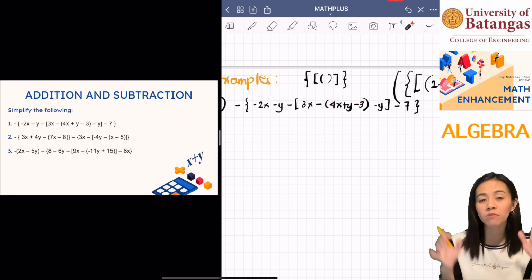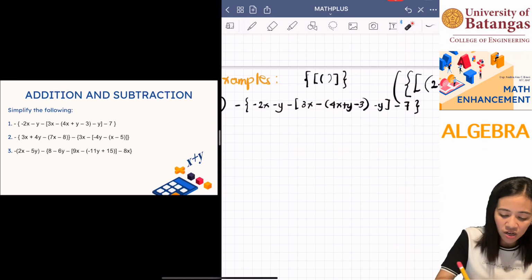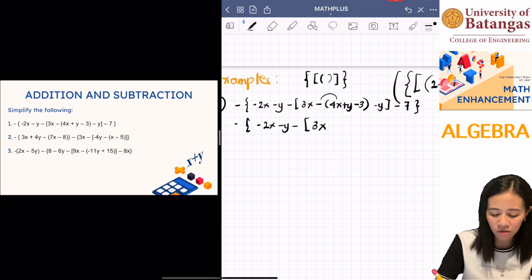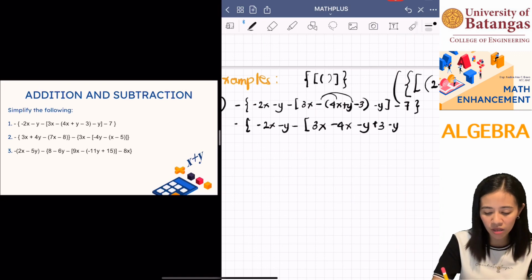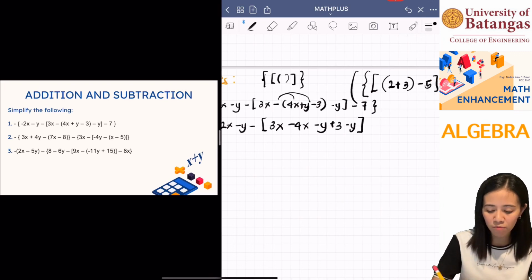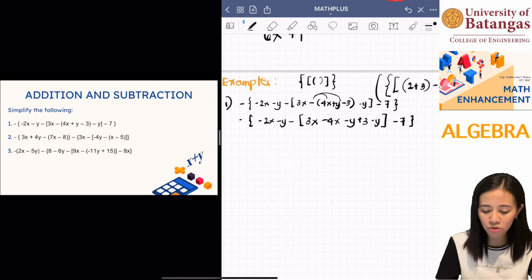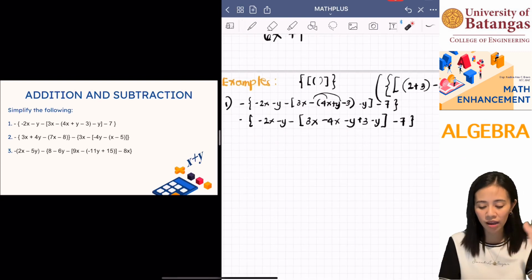So, rewriting this, that would be the negative of, okay, negative 2x minus y minus the quantity 3x, and then I'm going to distribute the negative sign. So, that would be negative 4x, negative y, diba? And then positive 3. To be followed by minus y, but still I have bracket after y, and then minus 7 braces.